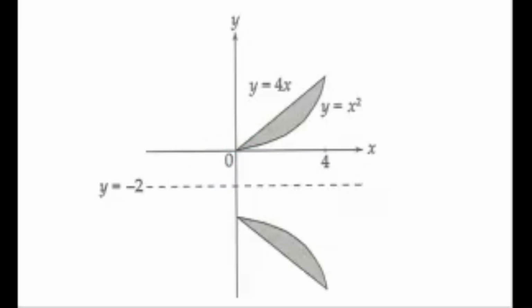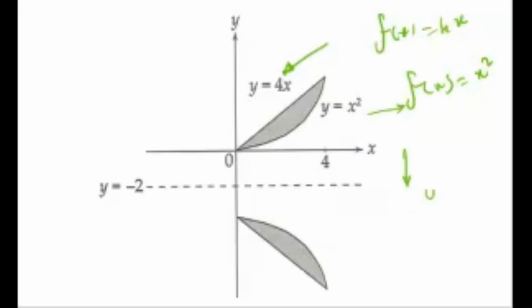One normal doubt a student has is why we get 4x plus 2 here. How does it get converted? See, this is f of x equals 4x, and this is f of x equals x square. According to the shifting of functions, if a function is shifted downwards, f of x becomes f of x plus h.